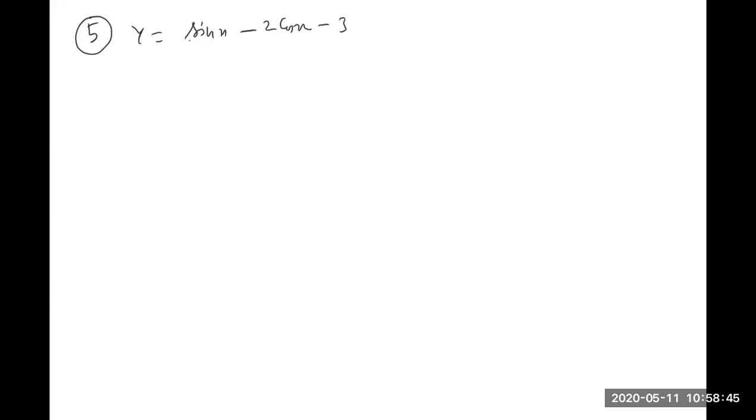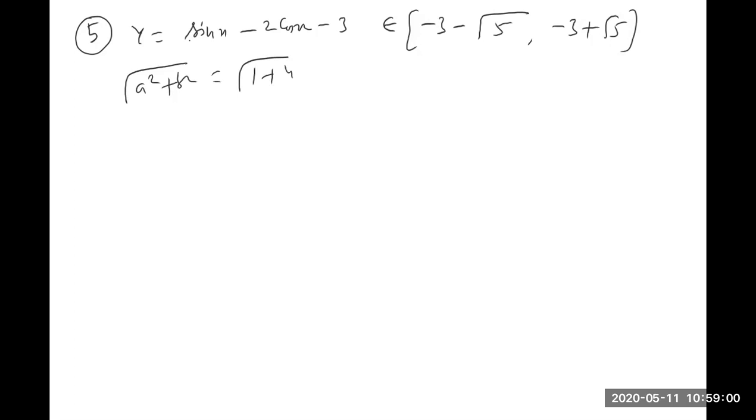C I will add. So this belongs directly, you can write minus 3 minus root 5 to minus 3 plus root 5. Because here under root of a square plus b square is equal to under root of 1 plus 4, equal to under root 5. So C minus this to C plus this. C is equal to minus 3. C can be positive, C can be negative. So this will be the range.